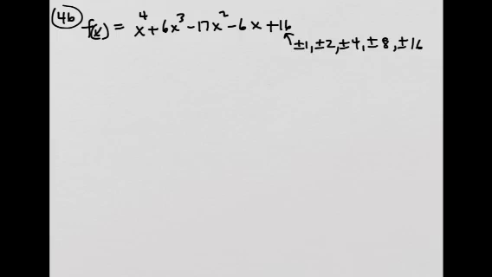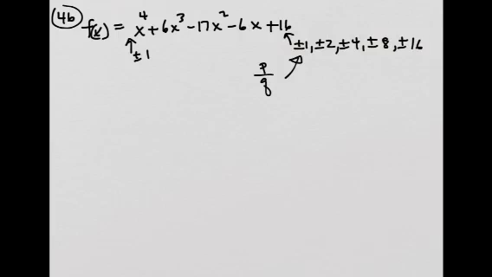Over here, the q values is just plus, minus 1. So when you take these numbers over these two numbers, you get the same list back, because you're dividing by plus, minus 1. So your p over q values are right here.